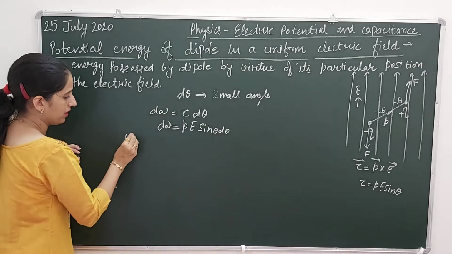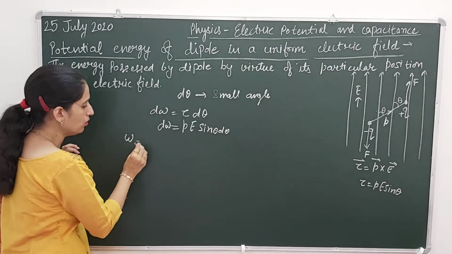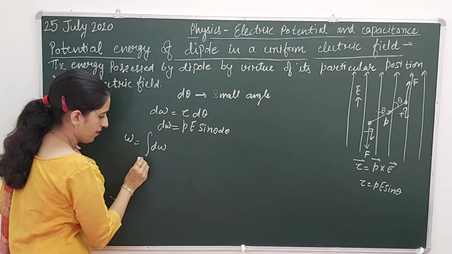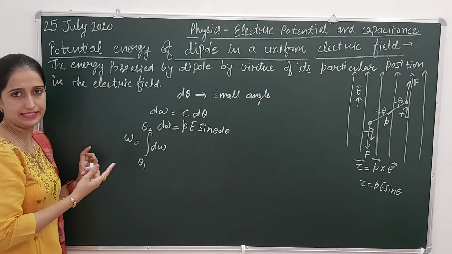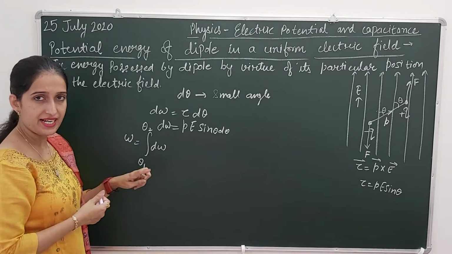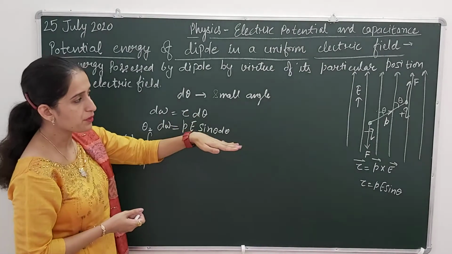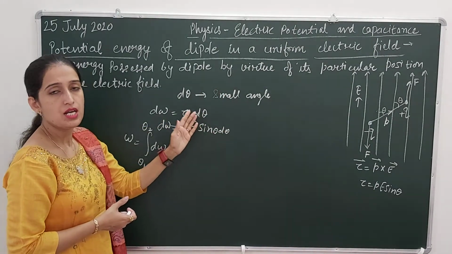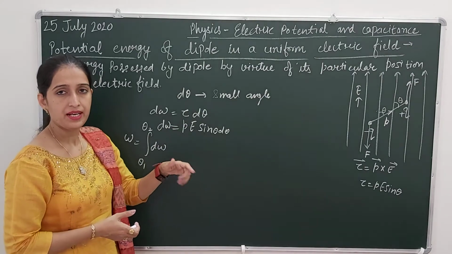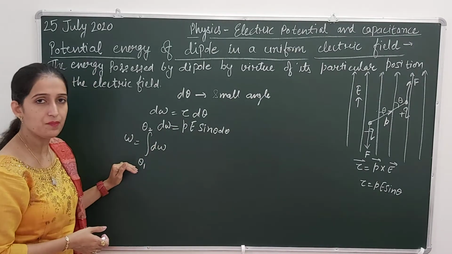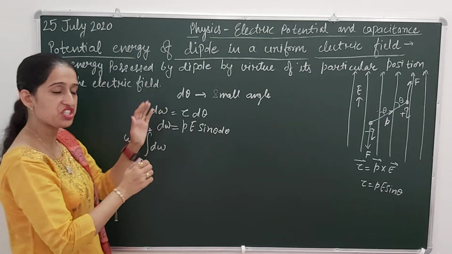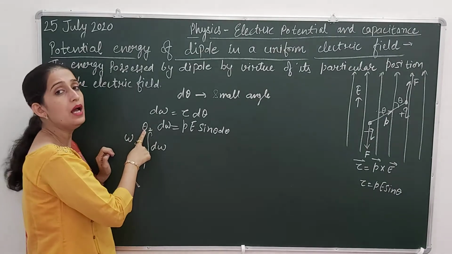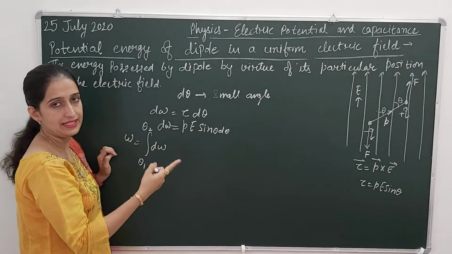So the total work done W is the work which rotates the dipole from one position to another. Suppose the first position makes angle theta 1 between the dipole and the electric field, and the final position makes angle theta 2 between the dipole and the electric field.